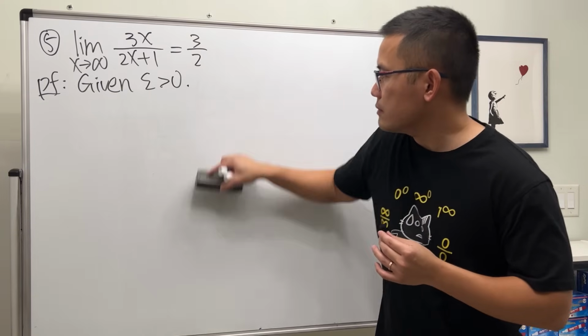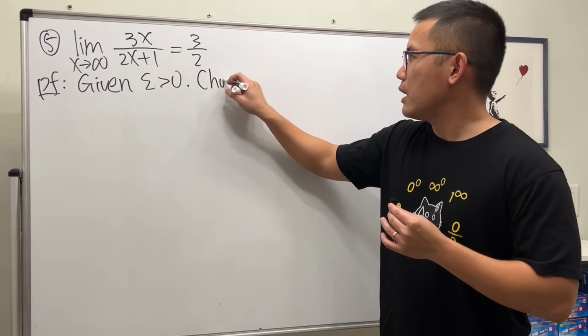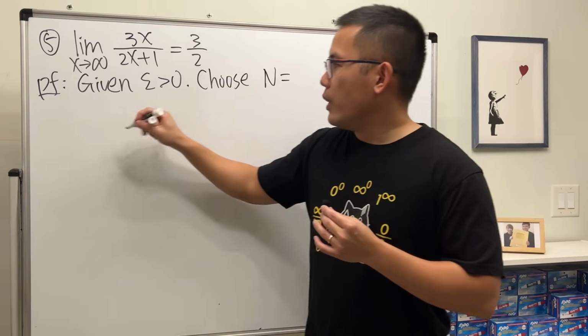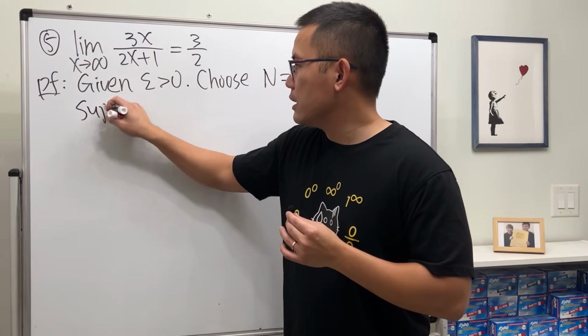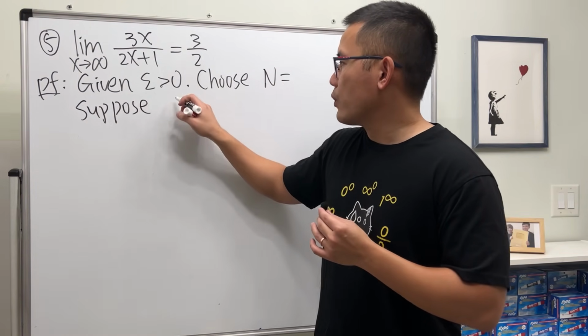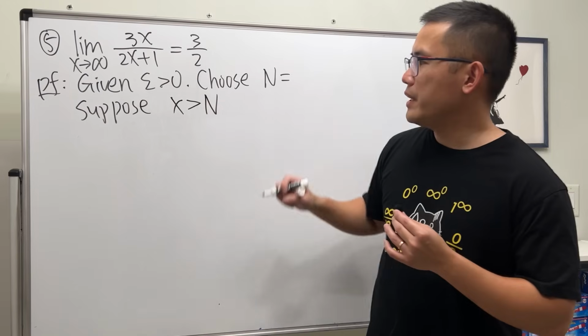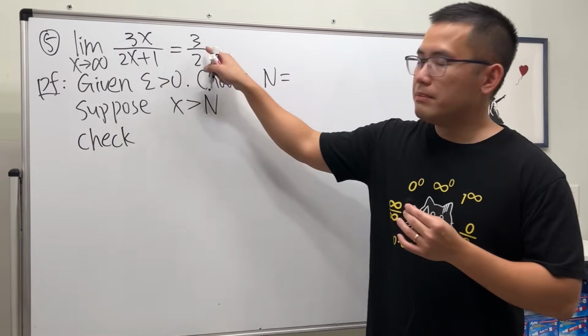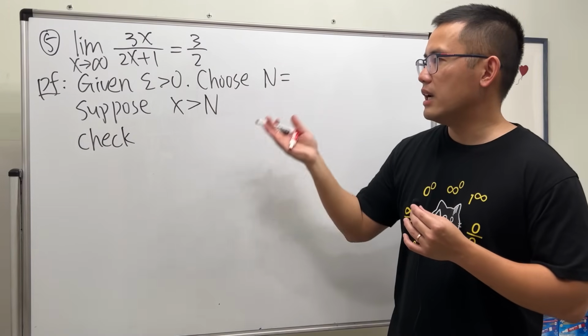Choose big N to be something. Well, here we are going to suppose when x is bigger than big N, then we hope to show that this minus sign in the absolute value is less than epsilon.